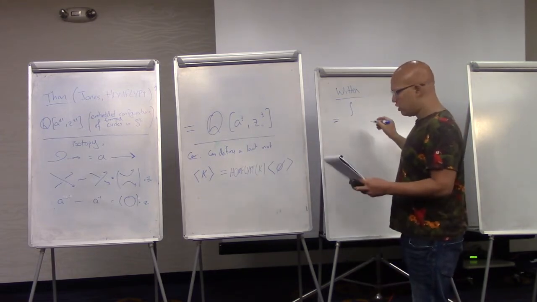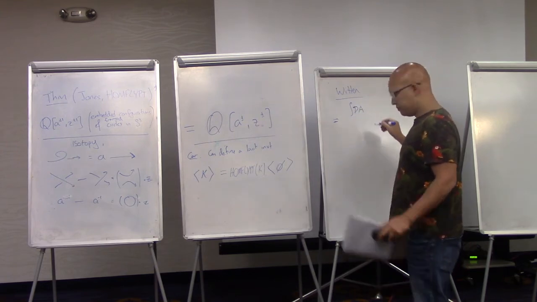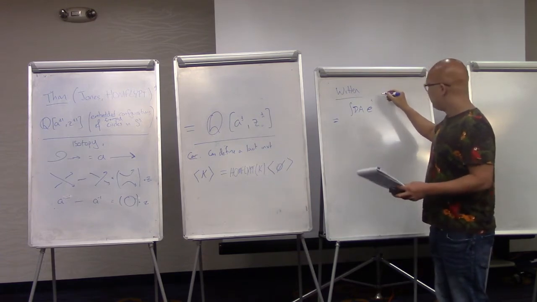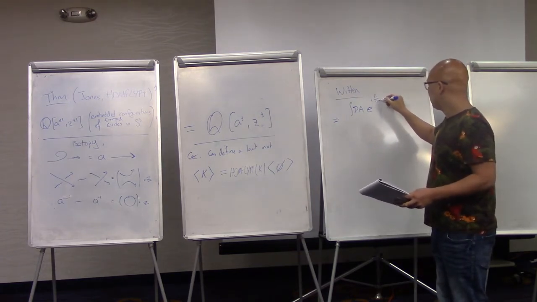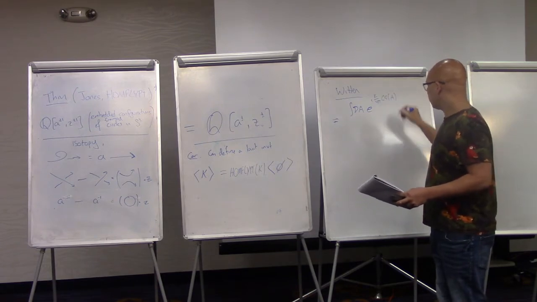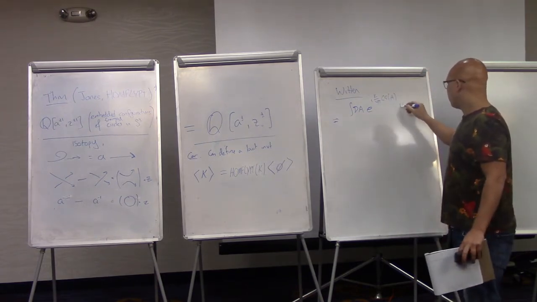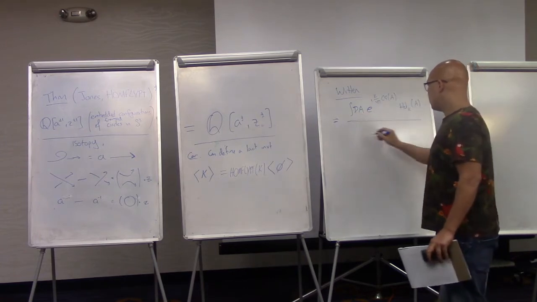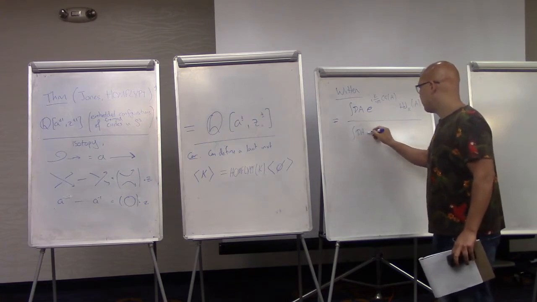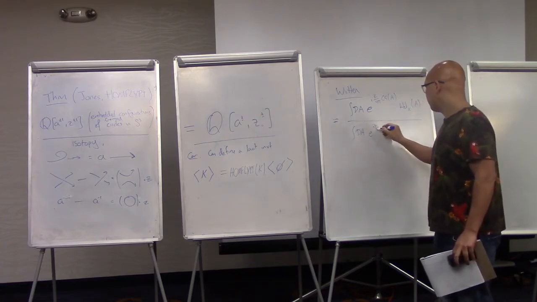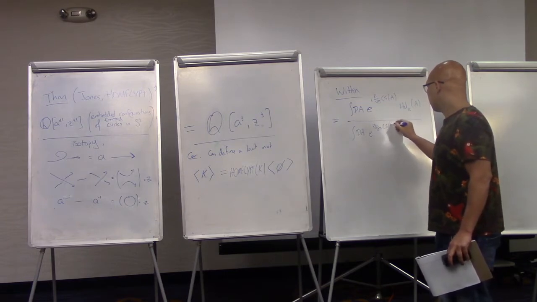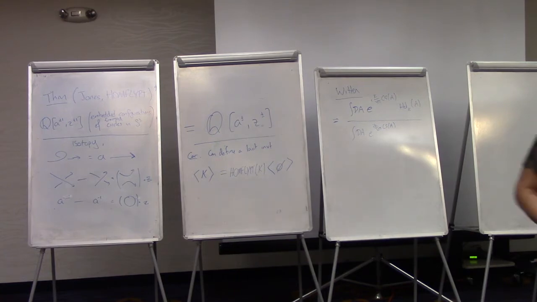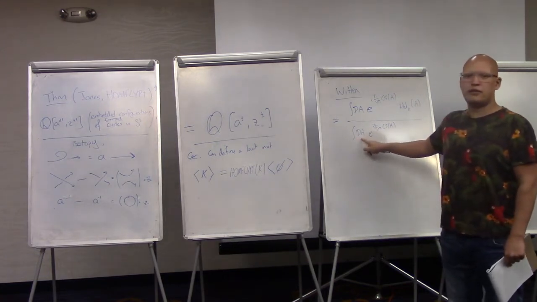You take an integral over all connections, and you integrate the Chern-Simons functional, and you also put in the integral the holonomy around the knot of your connection, and you divide this by just the integral of the Chern-Simons functional. Now, for physicists, this was a great explanation, but for mathematicians, not so great, because this integral, no one knows how to define it.